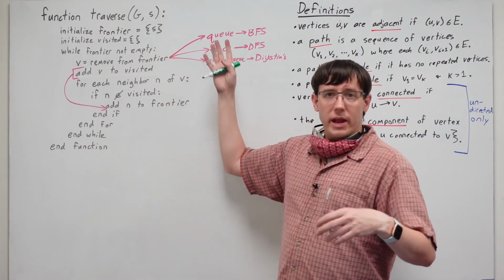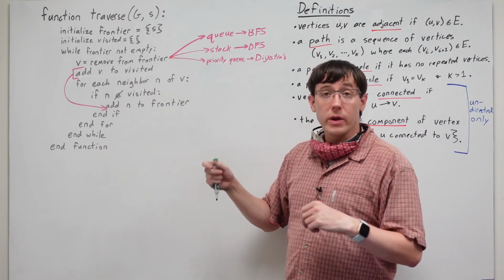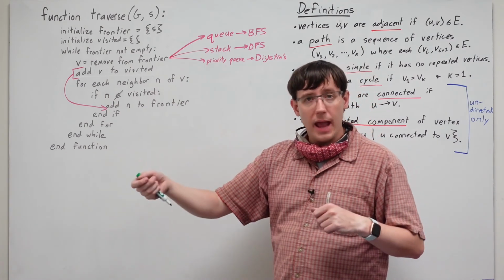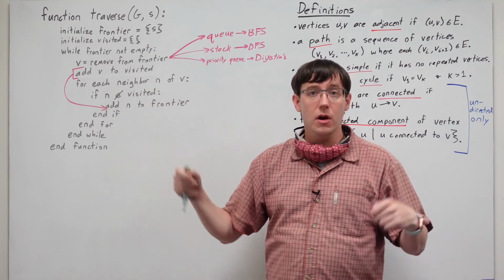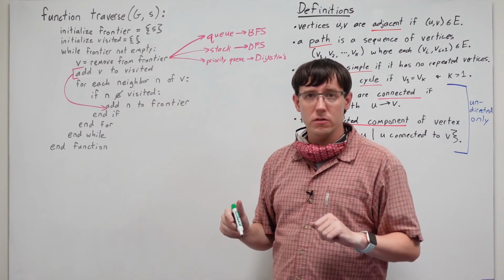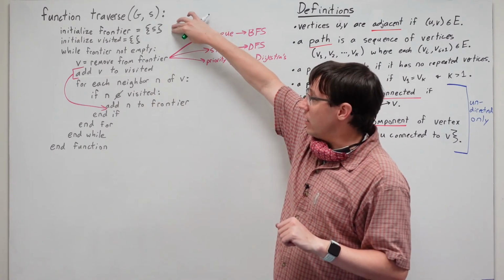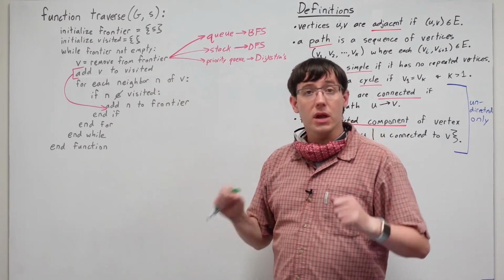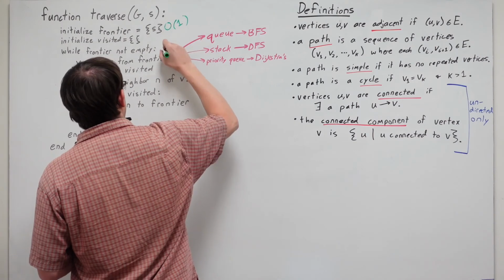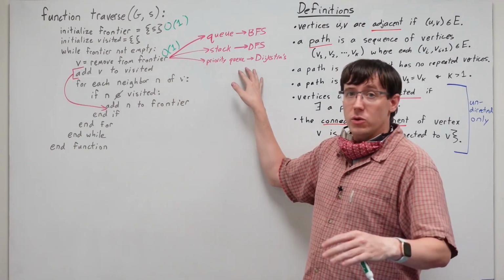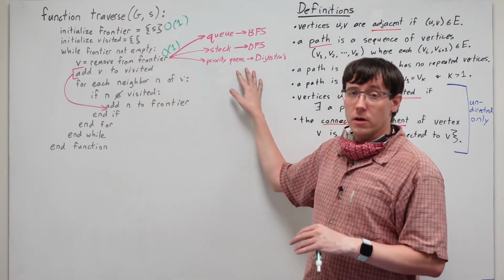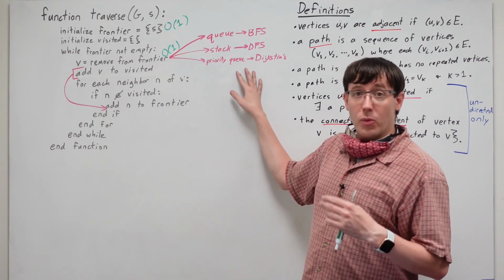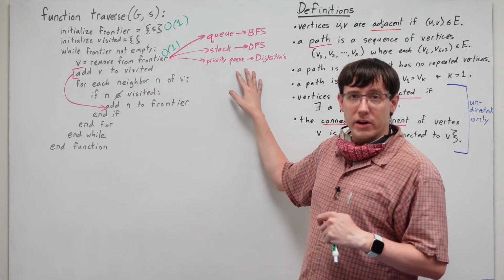There are various ways, including linked lists, that we could implement a queue where both adding to the end and removing from the front are order 1 operations, and so both initializing and removing from the frontier can be big O of 1. Of note, however, if we use a priority queue for the frontier, where the underlying data structure is a heap, we might end up with log time operations.